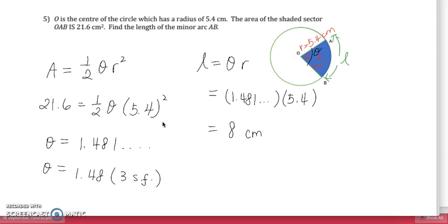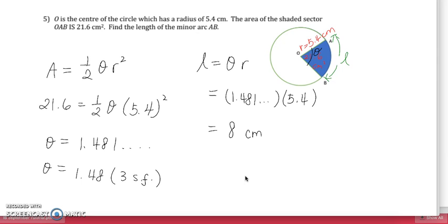So all you have to do is to substitute the numbers correctly and carefully. This will give you an angle of 1.481 dot dot dot. Or if we want to state this intermediate answer in 3 significant figures, it will be 1.48.